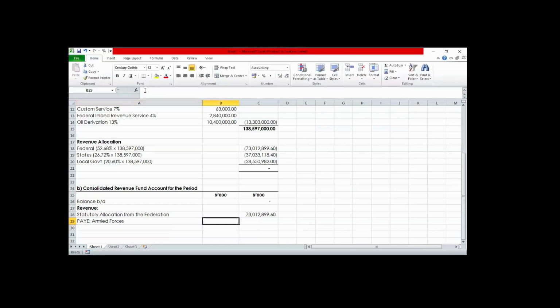How much is the figure? 55... 400,000. That's a million. The next one? Police personnel. Police personnel is 30,000.